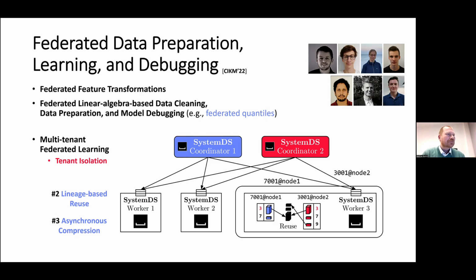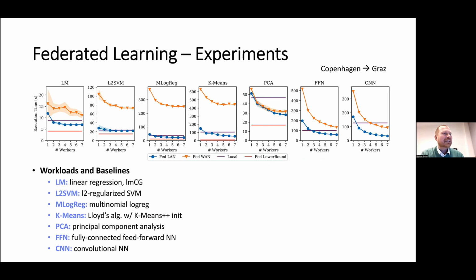During COVID, we also had interesting experiments where one of my PhD students was running multiple different traditional machine learning algorithms and neural networks from his laptop in Copenhagen, Denmark, against servers that simulated the federated sites in Graz, a distance of 1,500 kilometers.